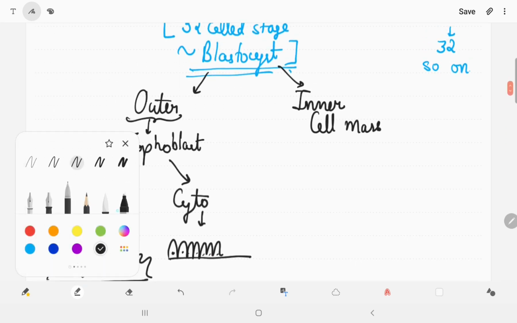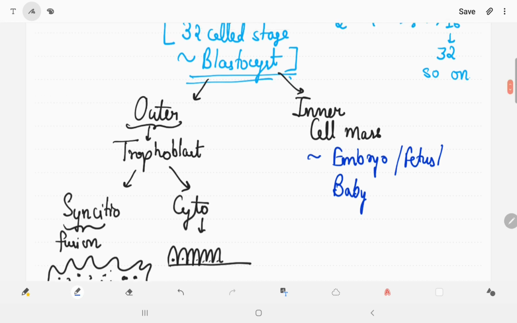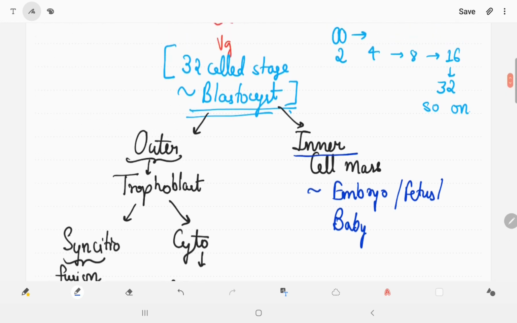Okay, so now a piece of information that I would tell you is that the inner cell mass is the one which will form the embryo or the fetus or the baby, whatever you want to call it, right? So I am telling you that this blastocyst has got two layers and the inner cell mass will form the embryo or the baby.